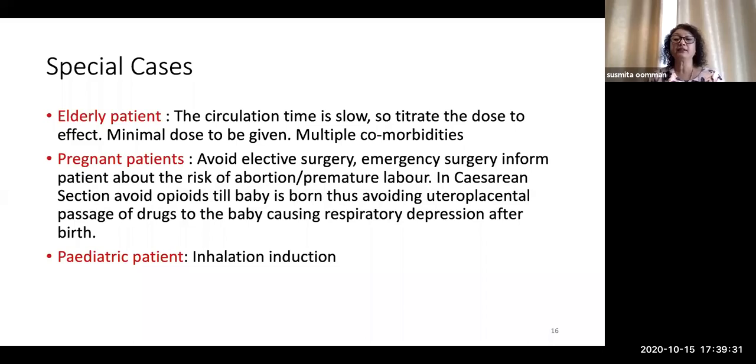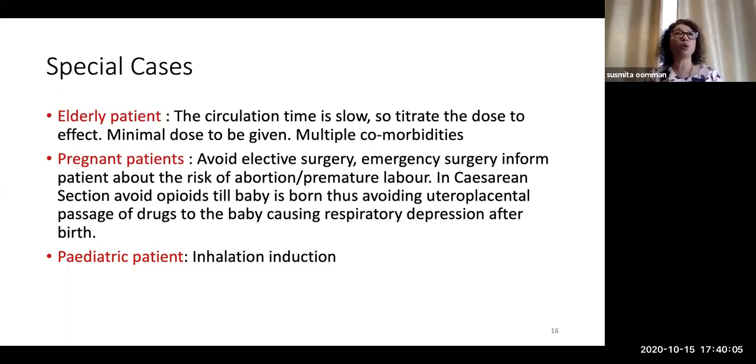And suppose the patient has come for an elective cesarean section, which for some reason we can't do under a spinal, and we have to give a general anesthetic. The way we do our anesthetics is that we avoid giving any opioids till the baby is out. Otherwise, through the mother's blood circulation, these agents go to the baby through the uteroplacental passage of drugs, and then the baby wakes up depressed and the breathing is slow.